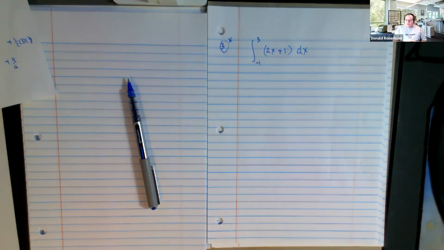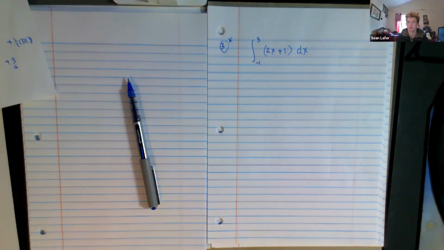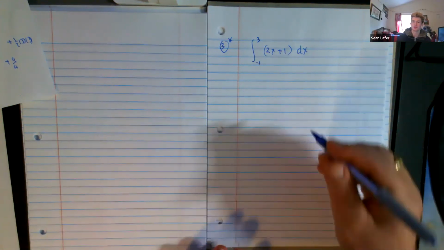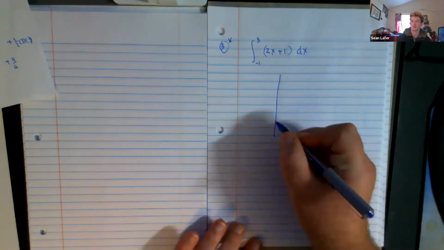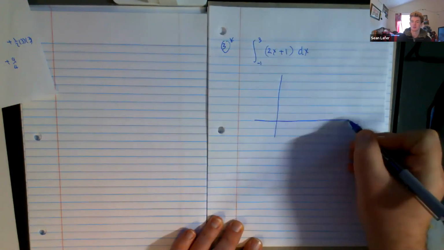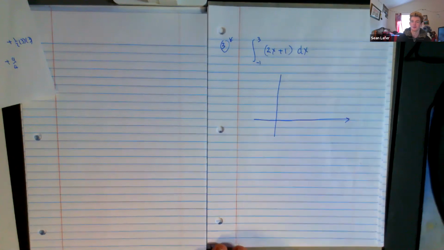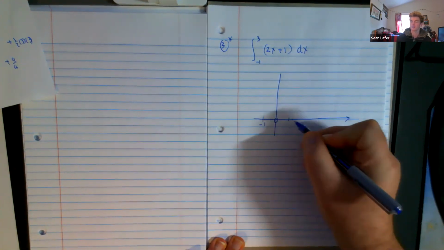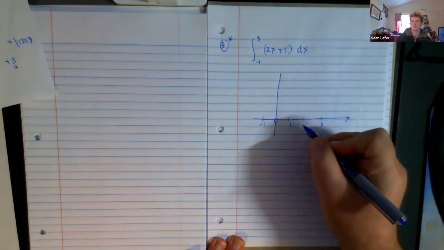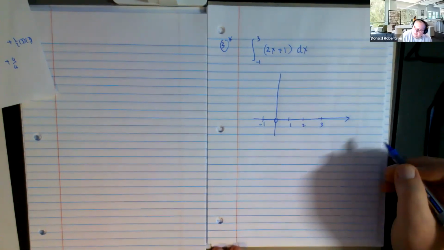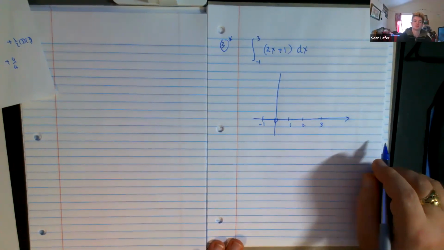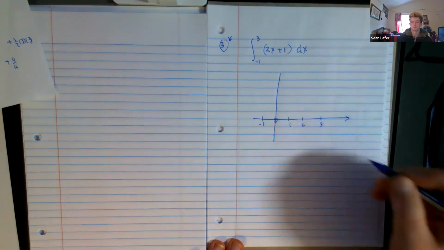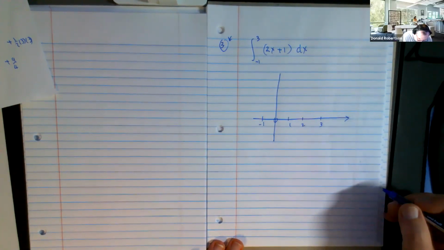Well, you know it's going to be a straight line because it's just 2x plus 1. So you could draw it out and then go from -1 to 3 and then just do the same thing we were doing before. You nailed it. That's exactly what I'm going to do.